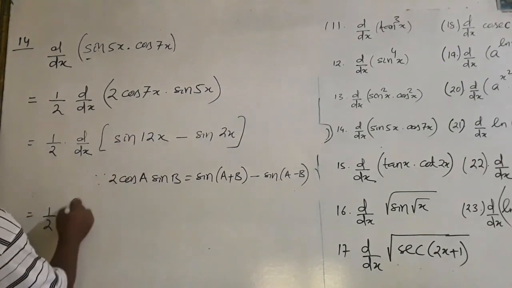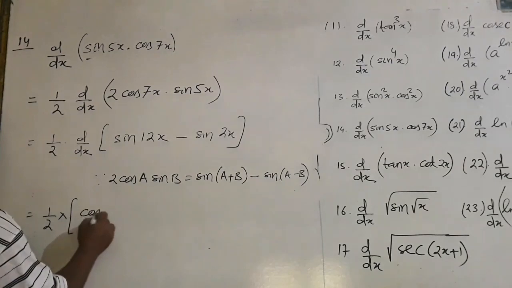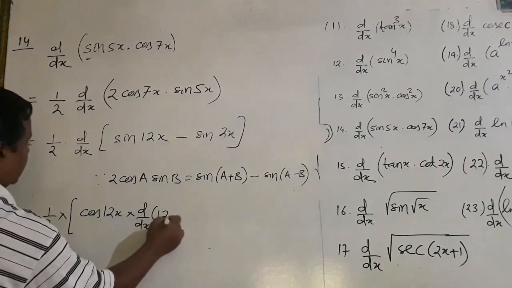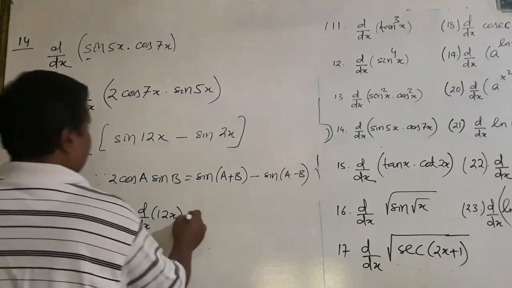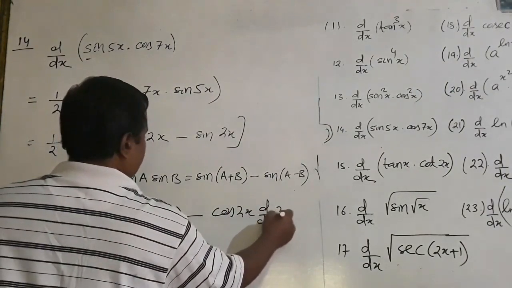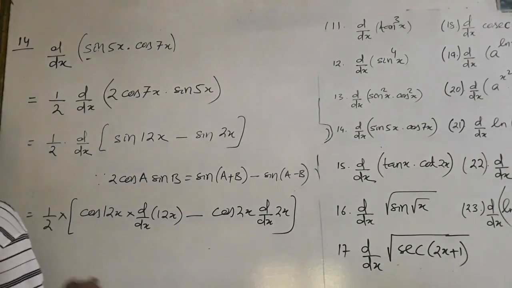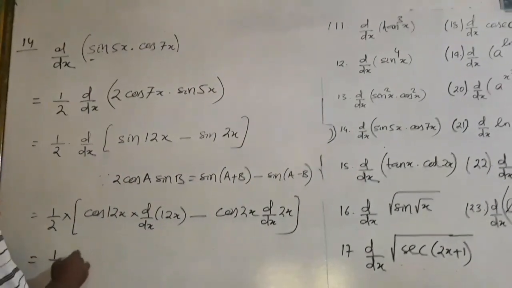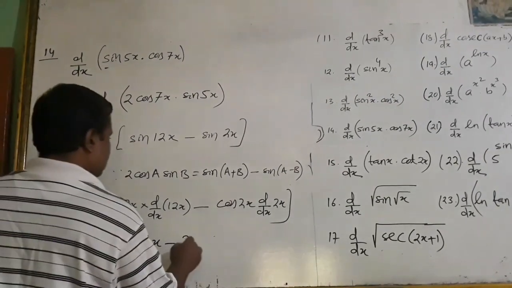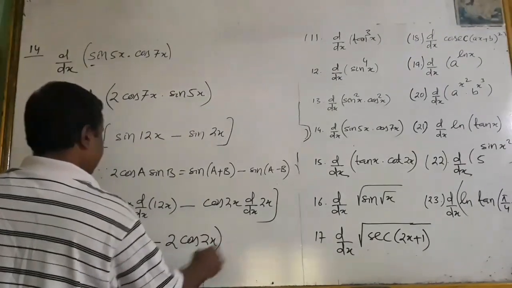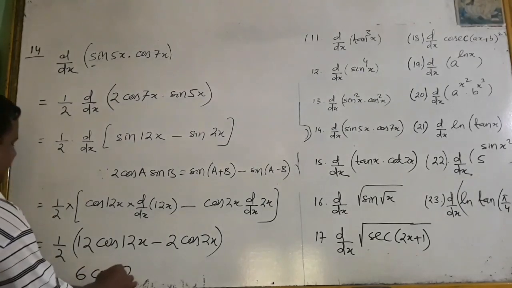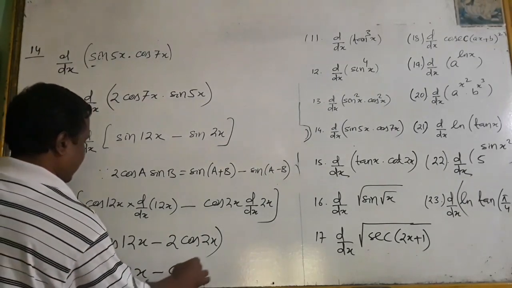The derivative of sin 12x is cos 12x into d by dx of 12x, and for minus sin 2x, it is cos 2x into d by dx of 2x. Then the answer is 1 by 2 into 12 cos 12x minus 2 cos 2x, and you can cancel 2. The answer will be 6 cos 12x minus cos 2x.